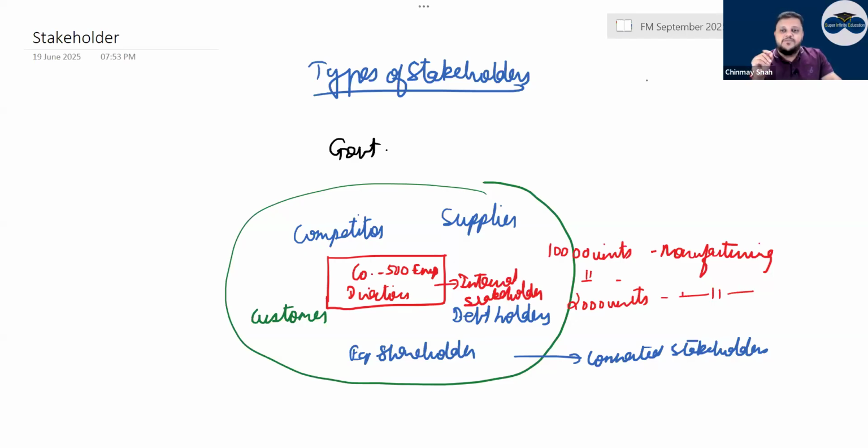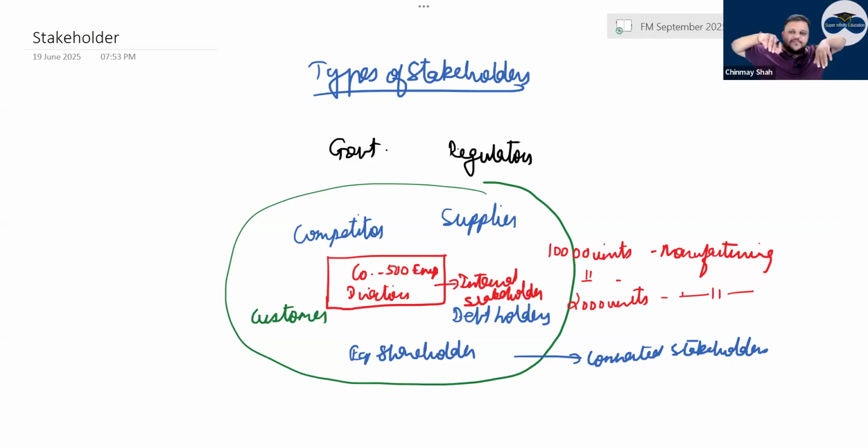Regulators or people who make the law will also be affected because of your 500 employees going to 100 employees. So regulators are another example for what? External stakeholders, correct?